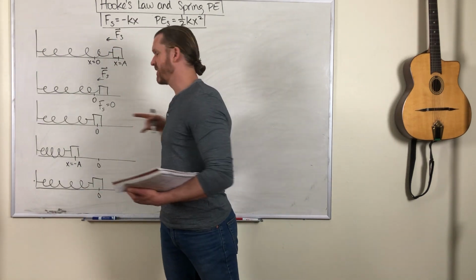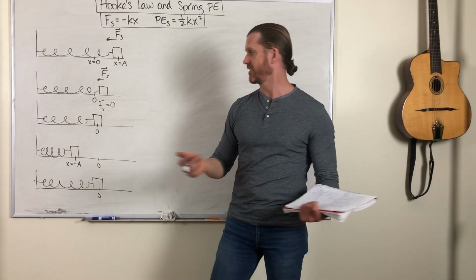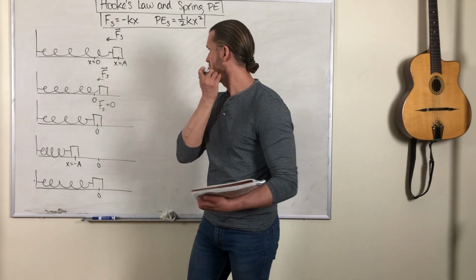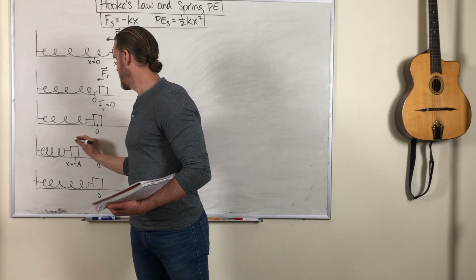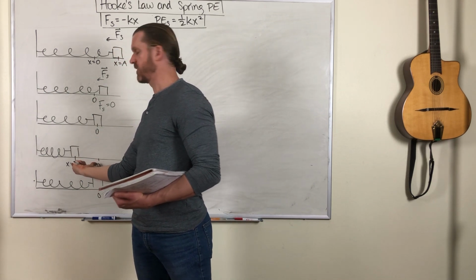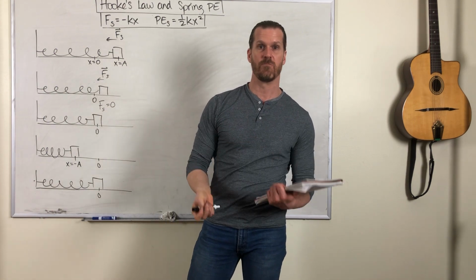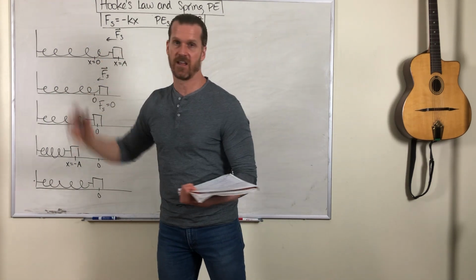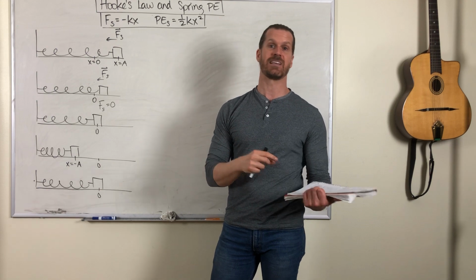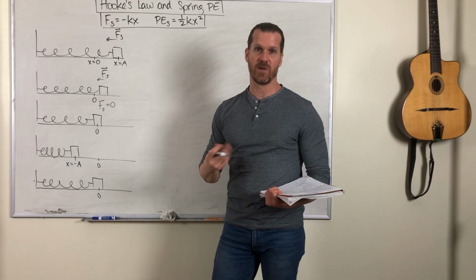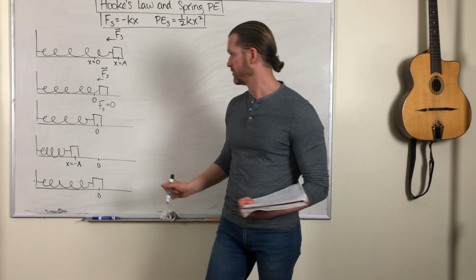But this block already has some velocity, so its inertia carries it forward until it gets compressed, and the amount that it gets compressed, this distance, which we're calling A, is the same. It's symmetrical on either side of the equilibrium position. So that A, that amount of stretch, is known as the amplitude.